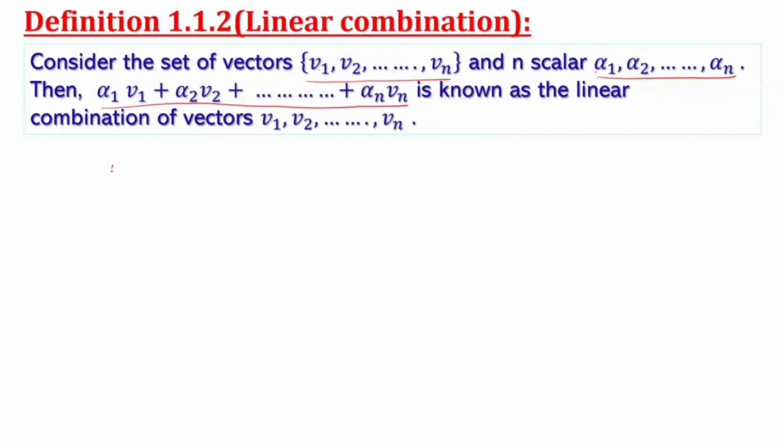If you call it w, and the v's are from a vector space, then by the closure property, as we discussed in the previous slide, this linear combination gives you a new vector which belongs to the vector space V.